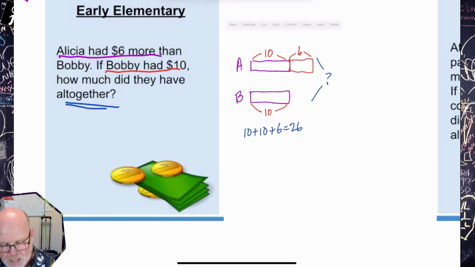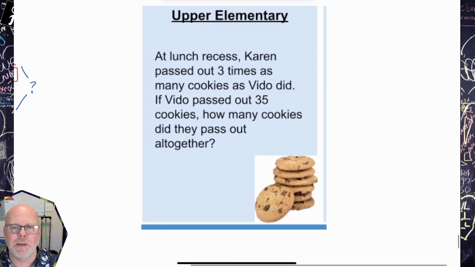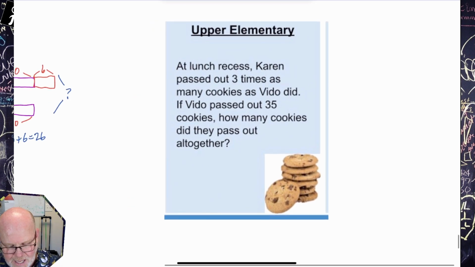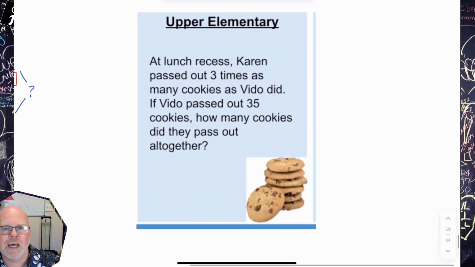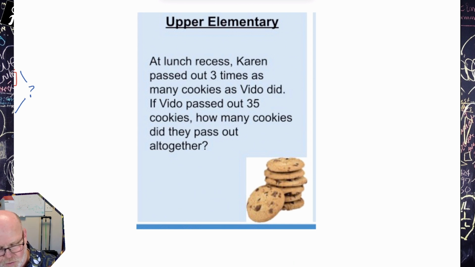All right, and now we're going to go to the upper elementary problem. It says, at lunch recess, Karen passed out 3 times as many cookies as Vito. So we have Karen and we have Vito.